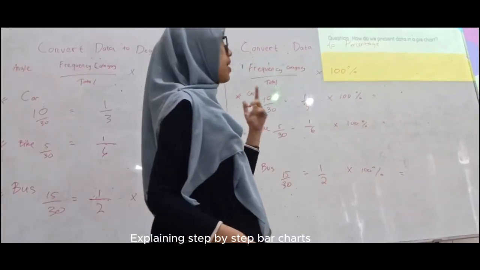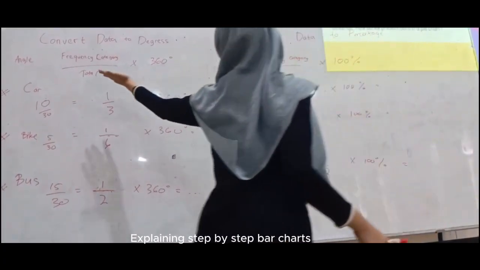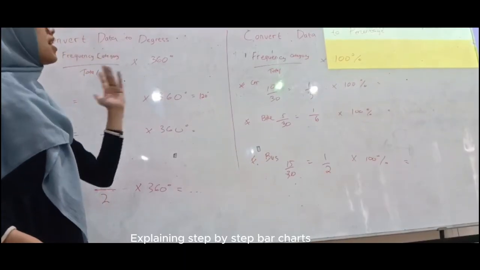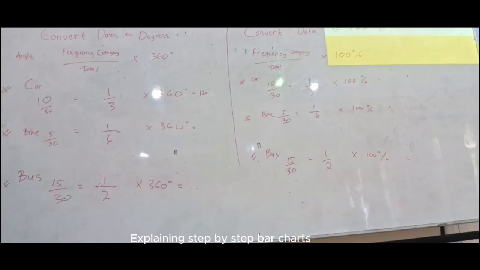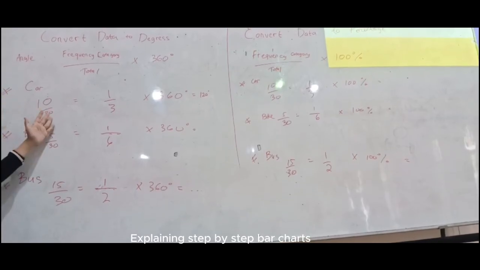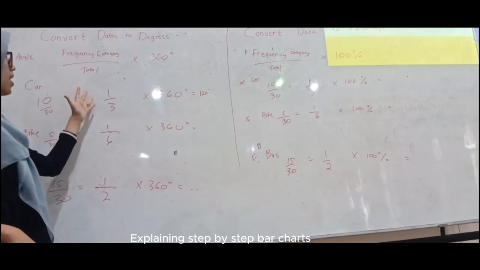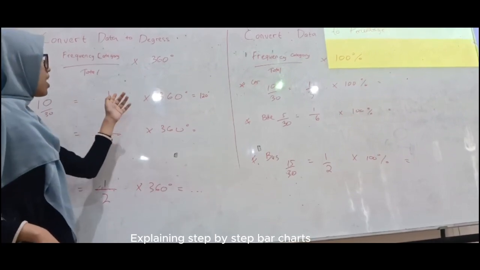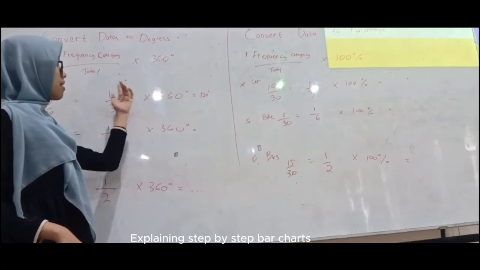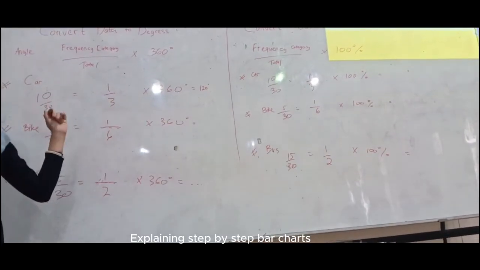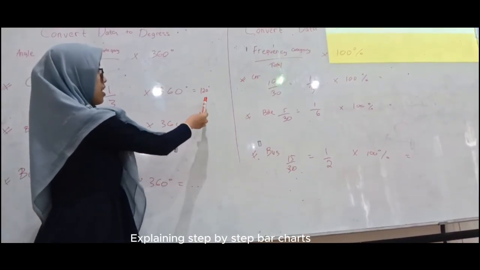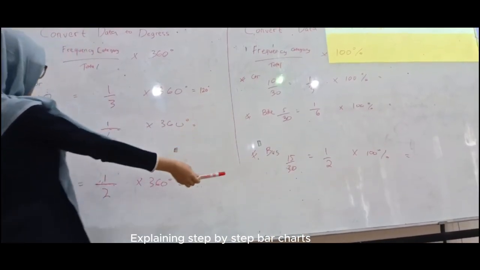Why 30? Because the total data is 30. Then 10 over 30 is 1 over 3, times 360 degrees is 120 degrees.